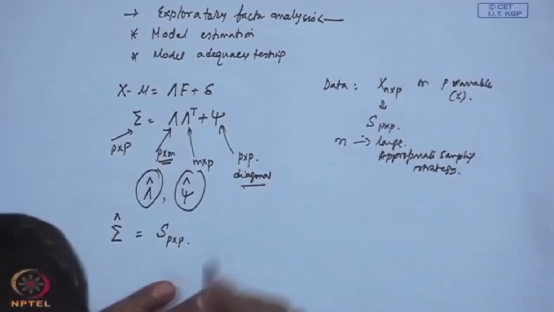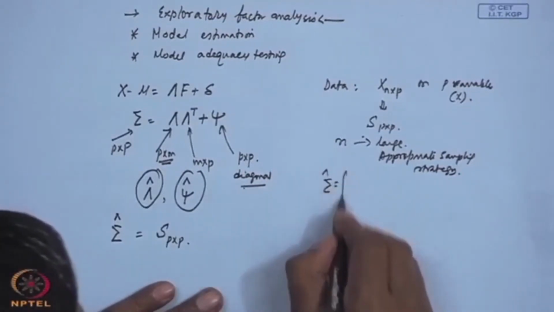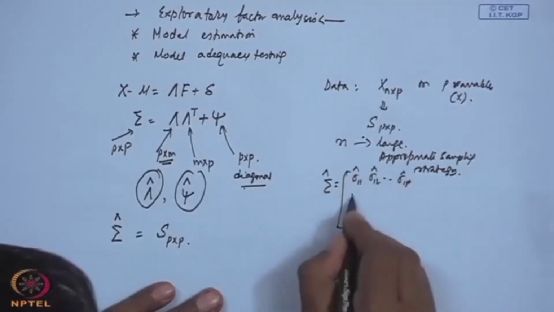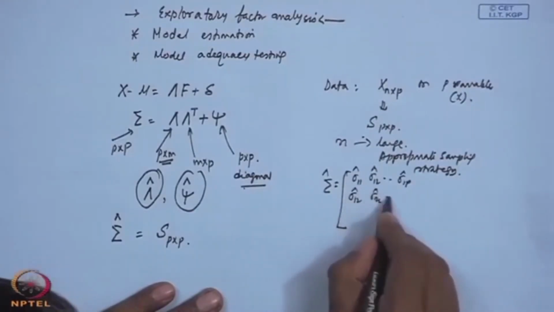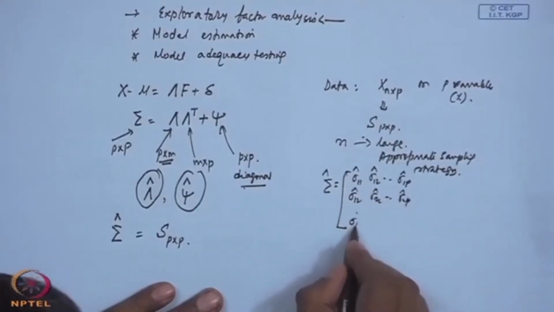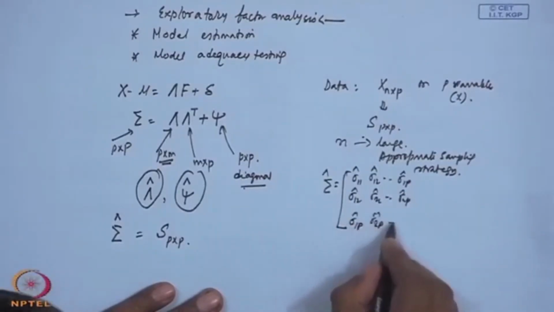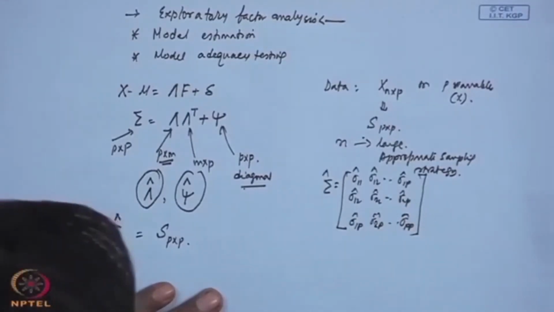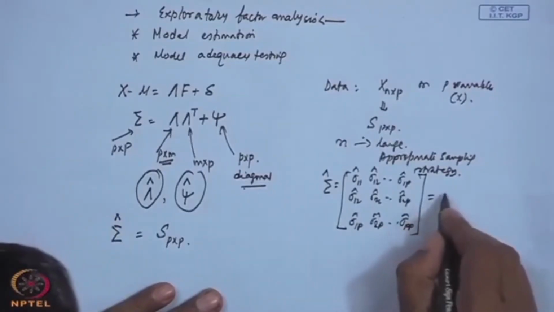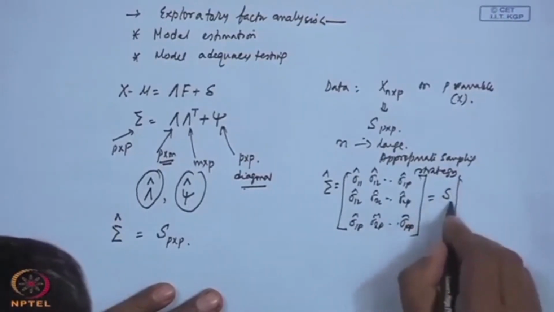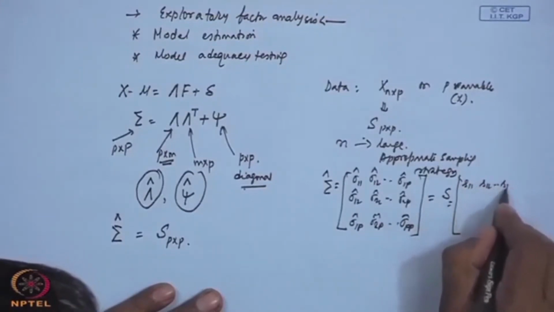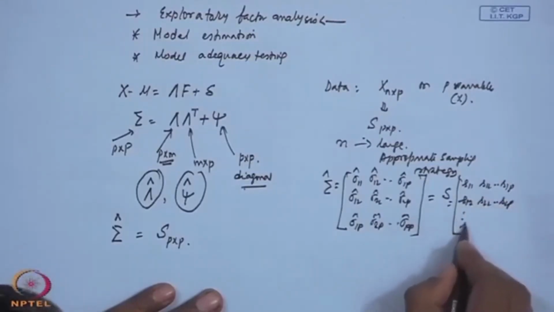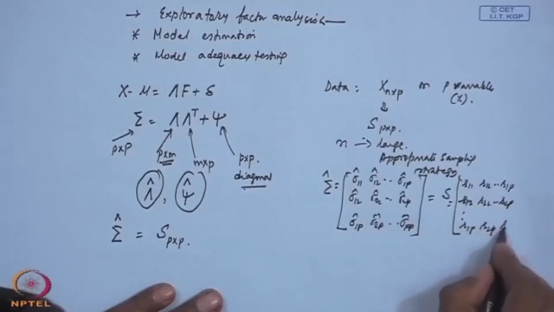then we can say that the sigma estimate, which is basically sigma 11, sigma 12, up to sigma 1p, sigma 12, sigma 22, sigma 2p, like this, sigma 1p, sigma 2p, sigma pp, these estimates are basically S, where S is S11, S12, S1p, S12, S22, S2p, like this, S1p, S2p, Spp.